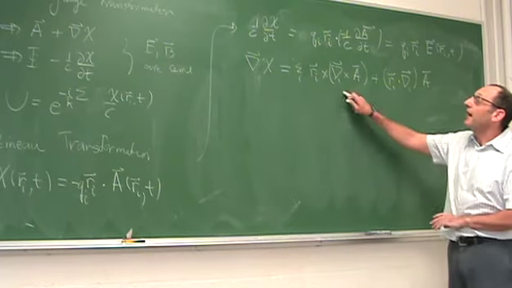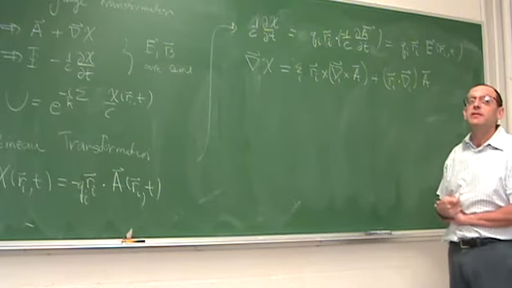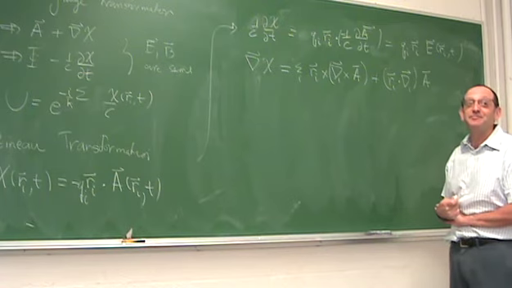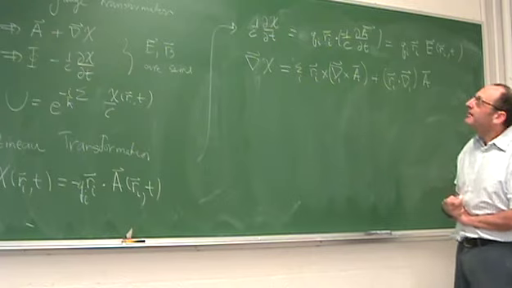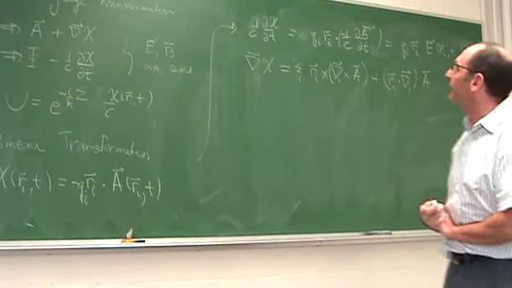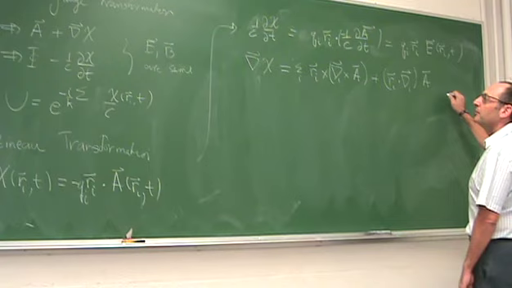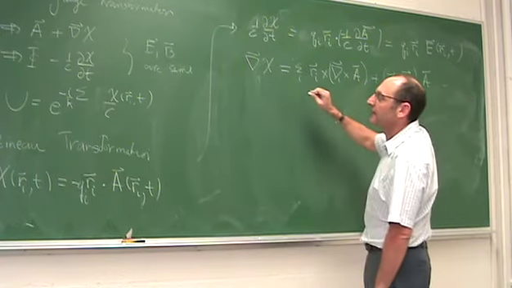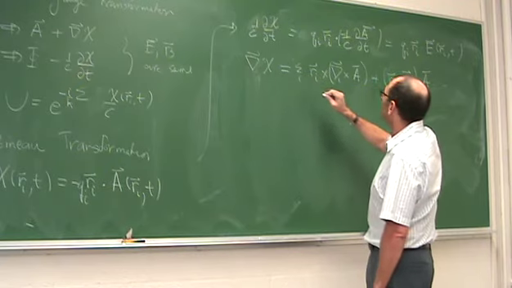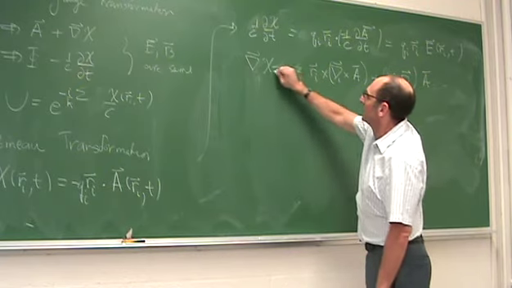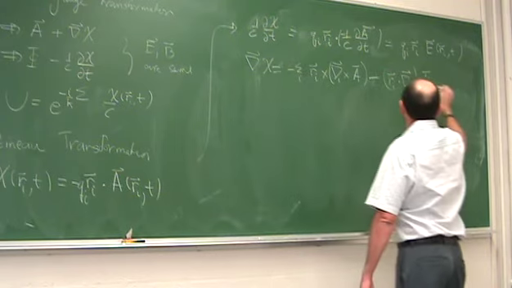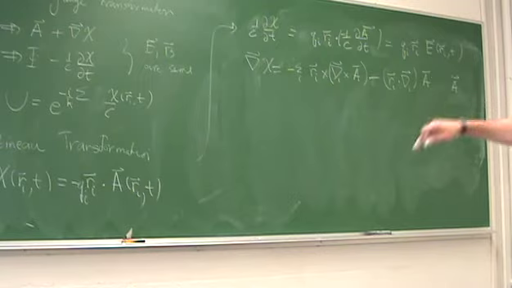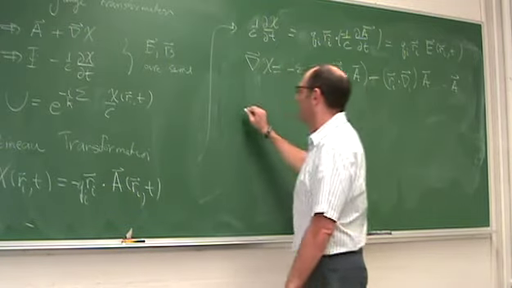Oh, I'm sorry, there's a minus sign over everything, minus A. You have to go through and take the gradient for a particular coordinate.